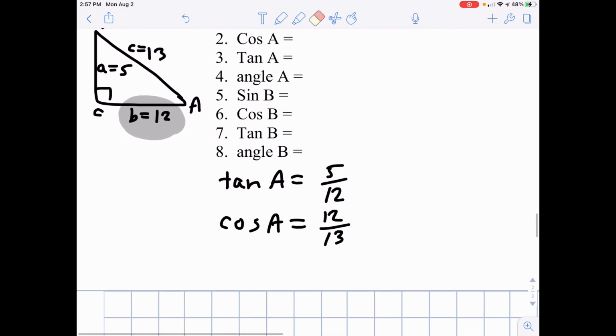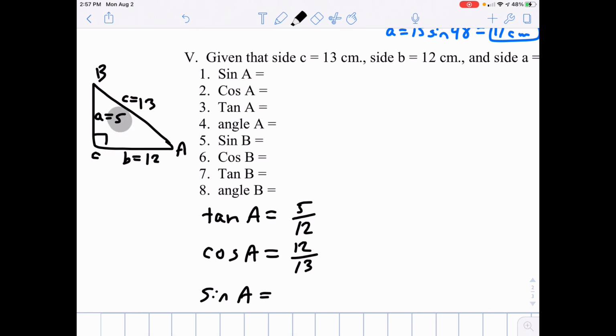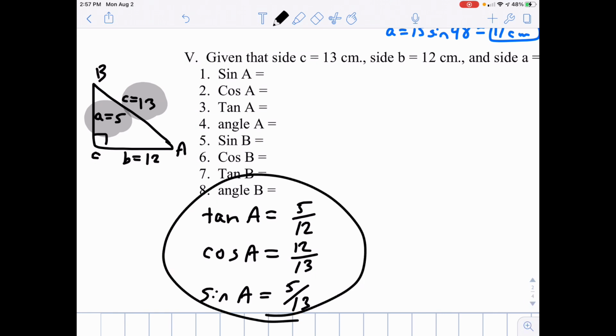Or I could go the sine of angle A equals opposite over hypotenuse. In other words, when I know all three sides, I could use any trig function I want, sine, cosine, or tangent, and then simply do the inverse sine, inverse cosine, or inverse tangent to solve for the missing angle.